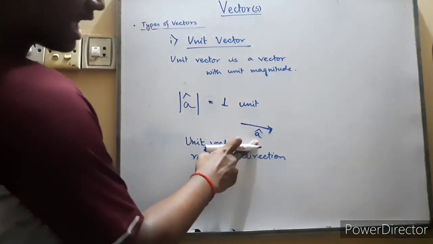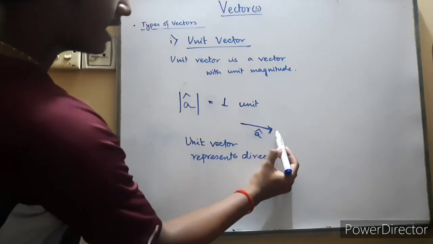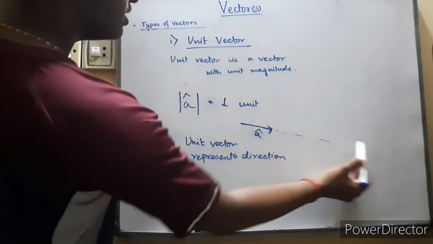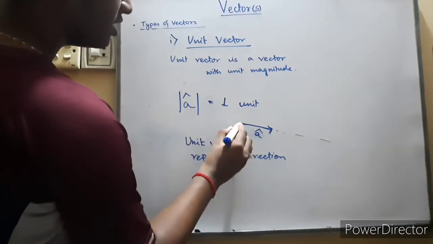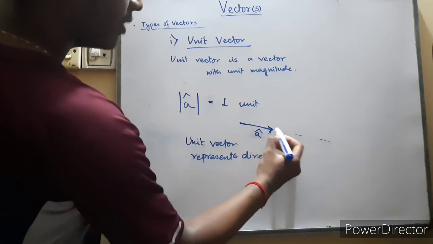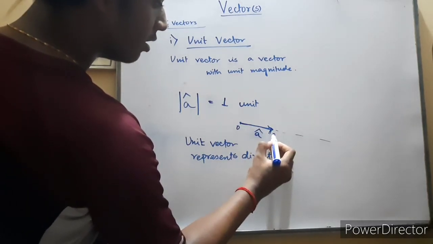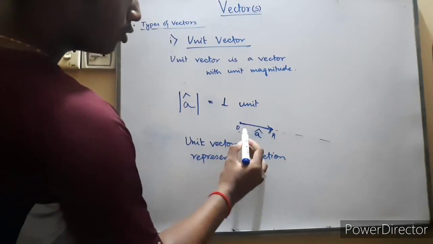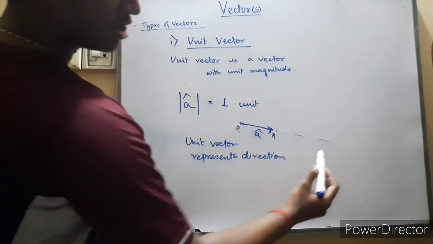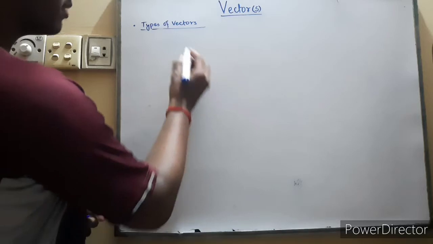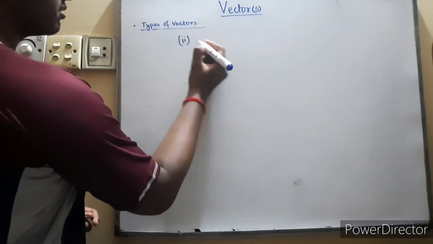So here A cap is a unit vector acting in this direction. This is the initial point, this is the final point, and the direction is initial towards final, so O towards A. This is the direction.